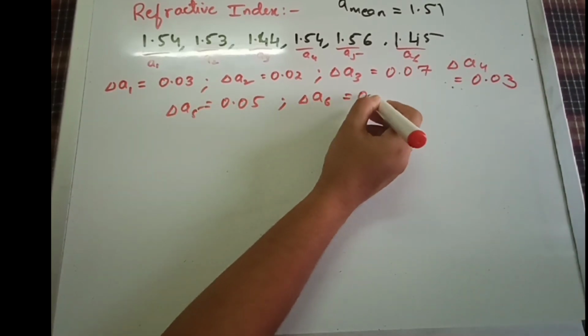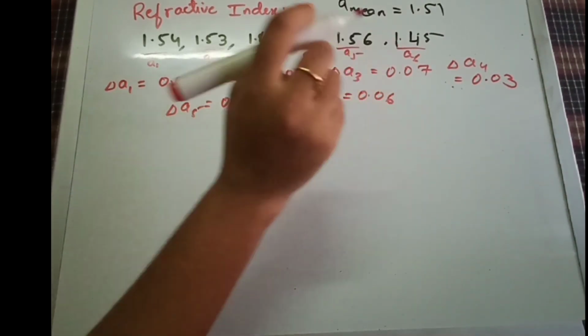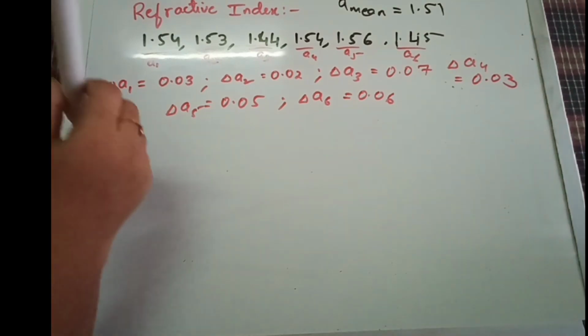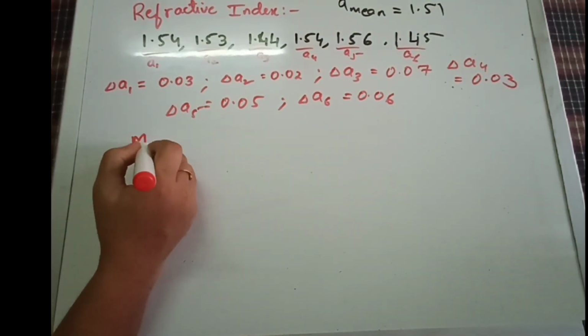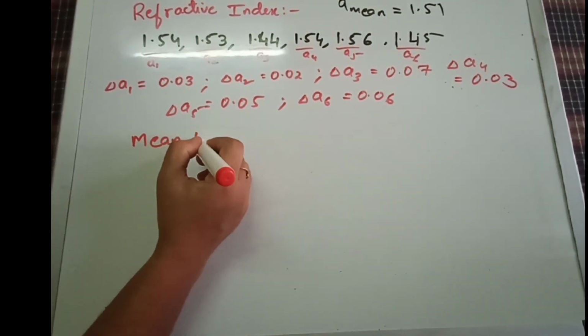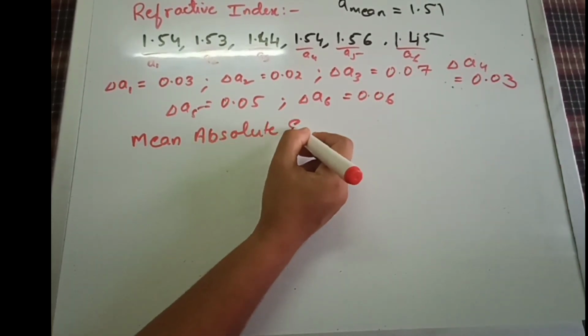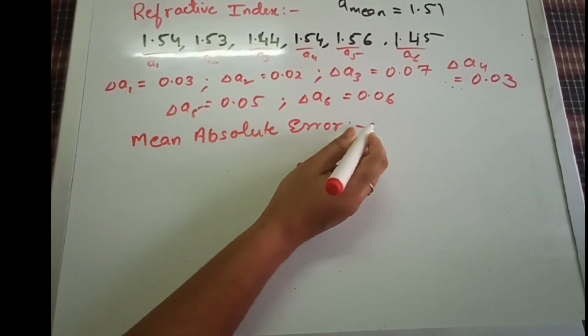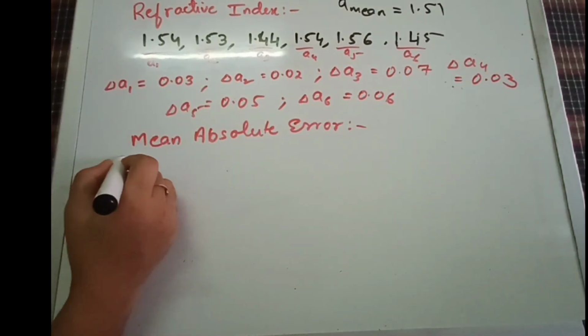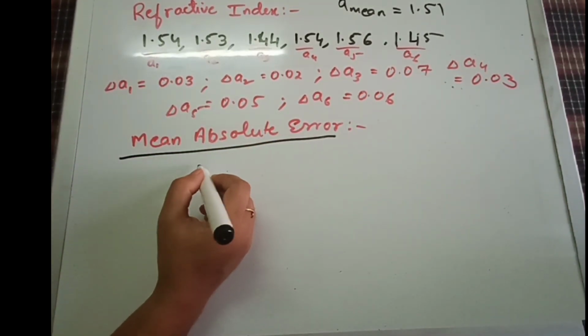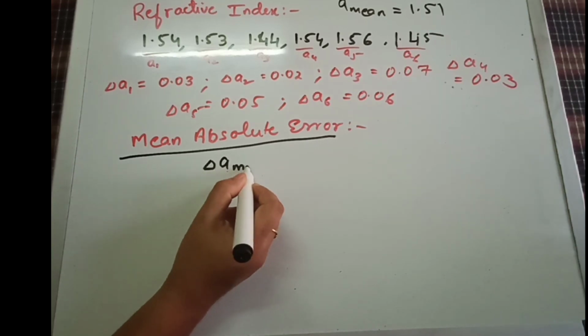So the next thing that we are calculating is mean absolute error, which is nothing but the mean value of all these absolute errors. So we have to find out the mean of all these values.